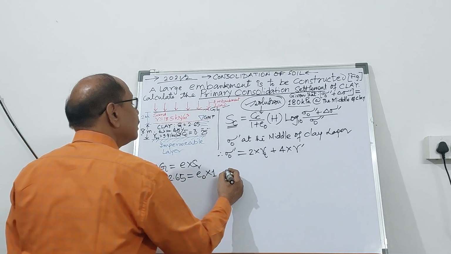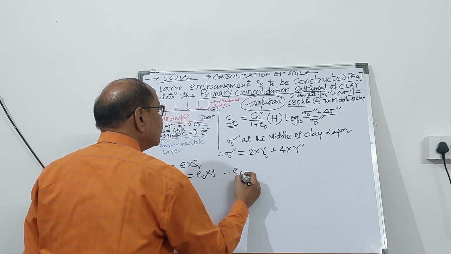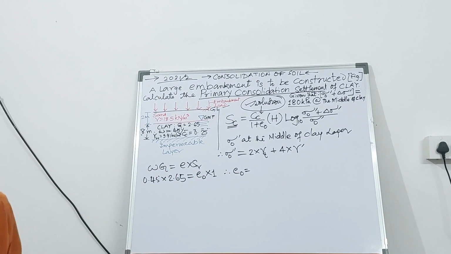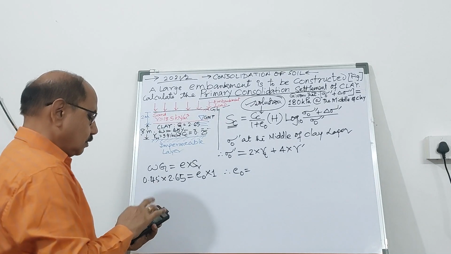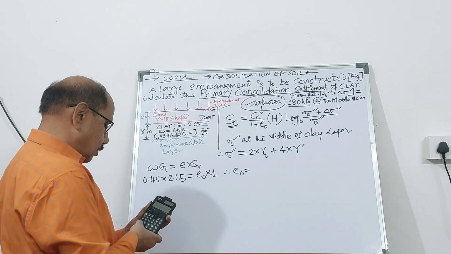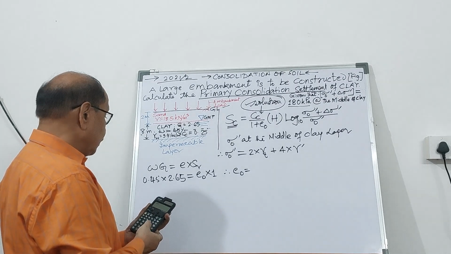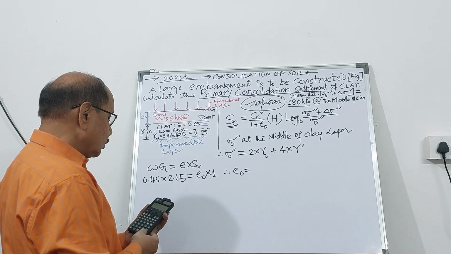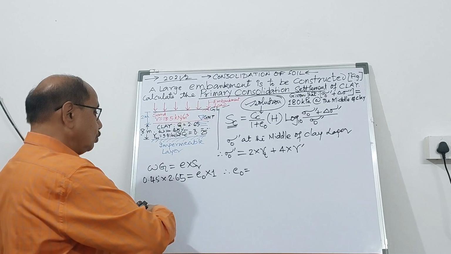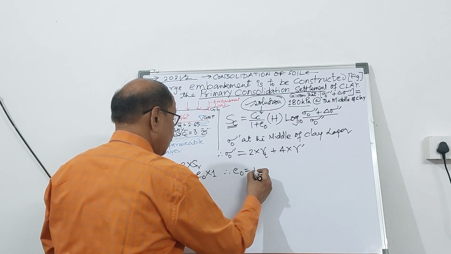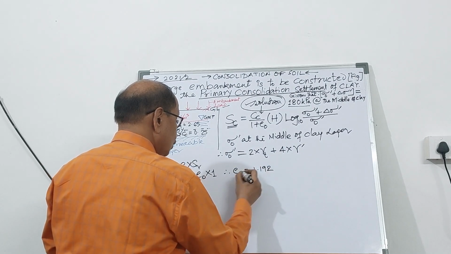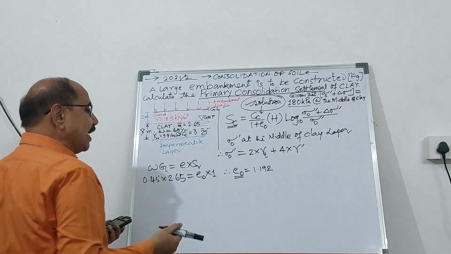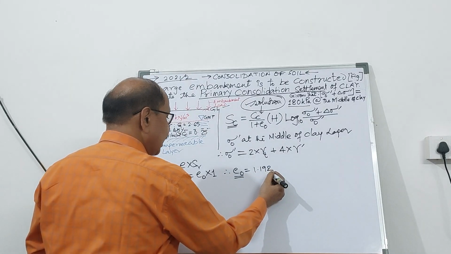Therefore, the value of e naught can be calculated. So let us calculate this. It is 0.45 multiplied by 2.65, 1.192. So the initial void ratio before embankment loading has been calculated.